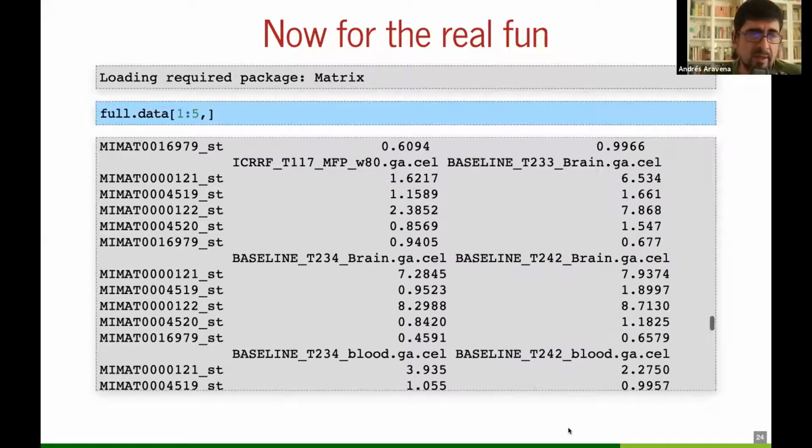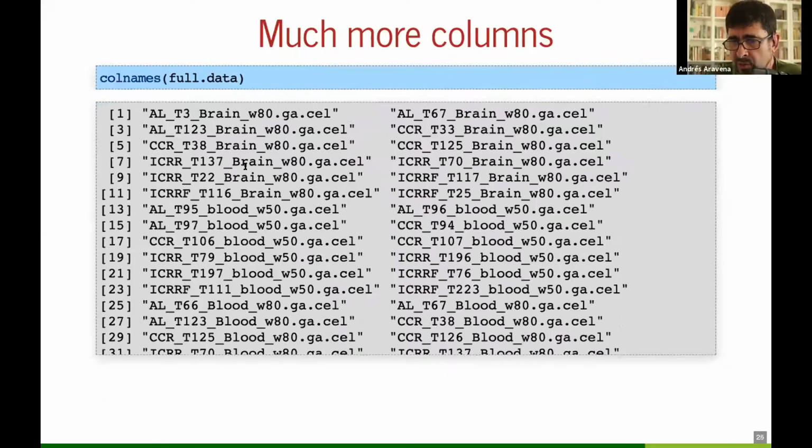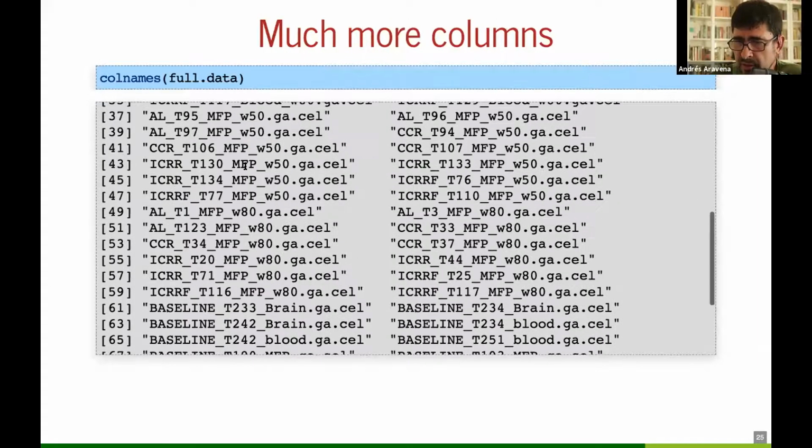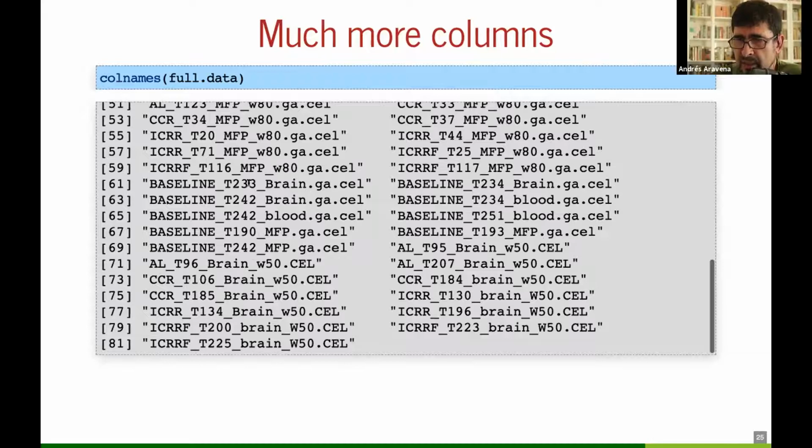Okay, how did we do this? Just a summary. These are all the columns. Here are the baselines. There are 3 replicas of baseline in every tissue. Baseline depends on tissue.